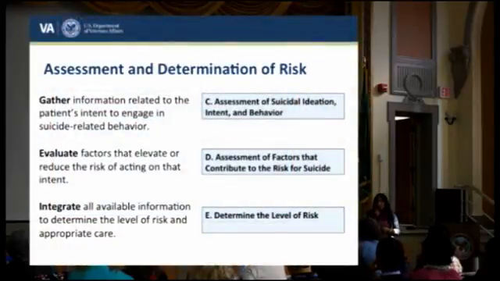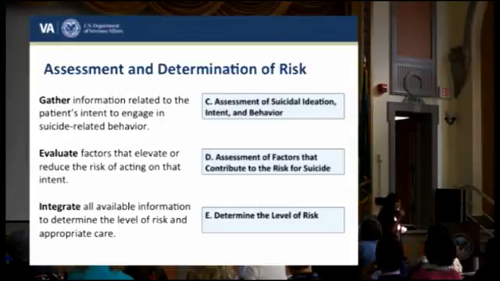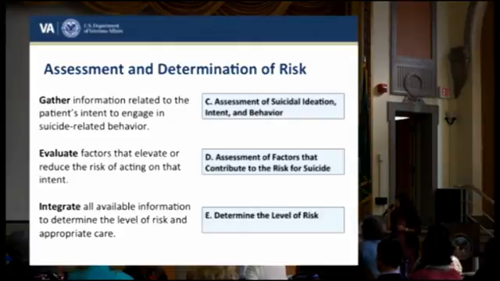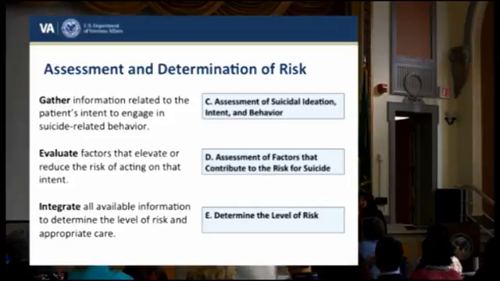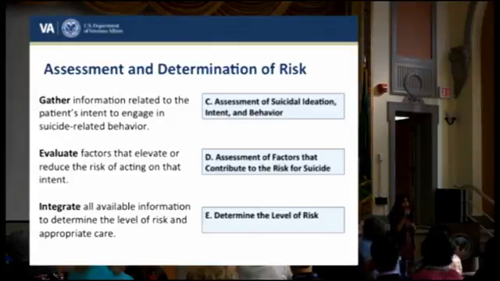Okay, so once you identify who you need to be assessing risk for, the next part is really looking at what that entails. To simplify what goes into risk assessment, the first part is just gathering information.